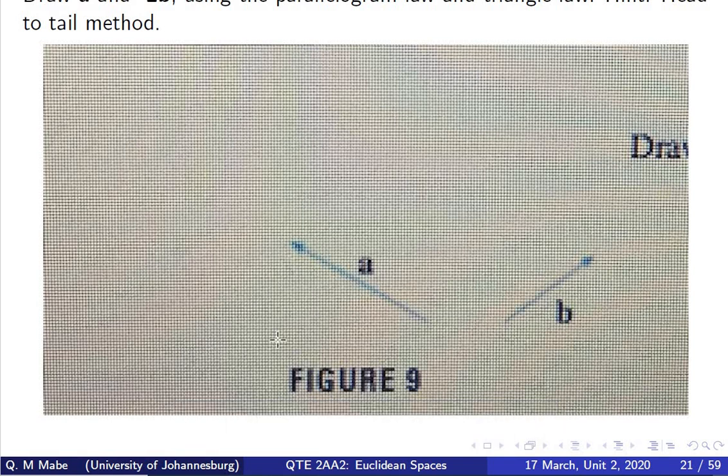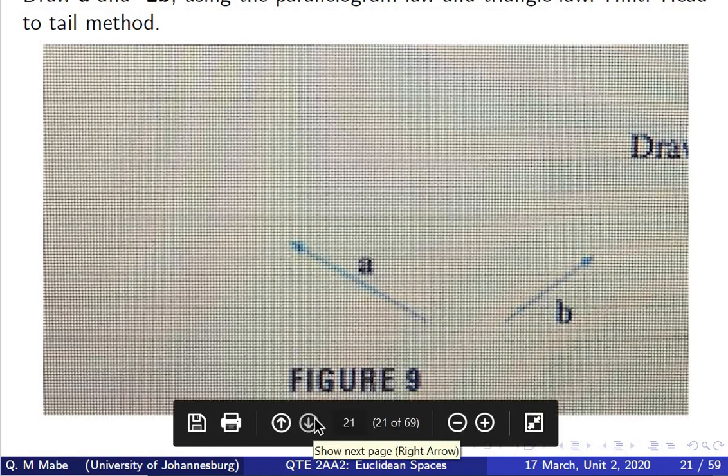And after that, we join these vectors by starting at A and ending at the terminal point of B. And when we do the parallelogram, we're going to draw a vector that's parallel to negative 2B and the one that's parallel to A, and then we add them up by drawing the diagonal.